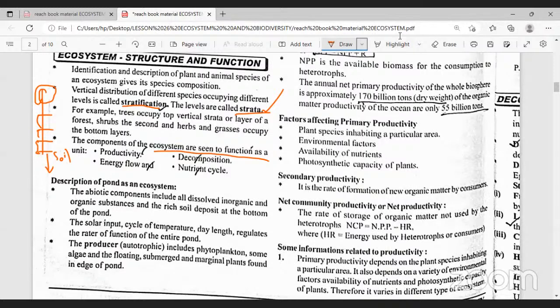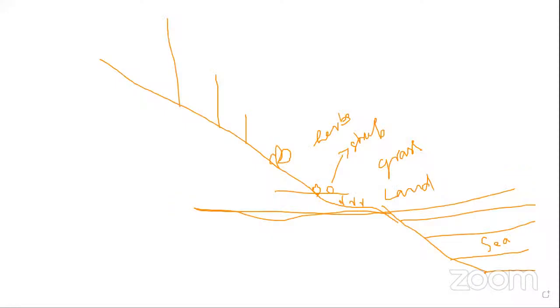Take an example of any one pond ecosystem and imagine how it would be. This is considered a pond.